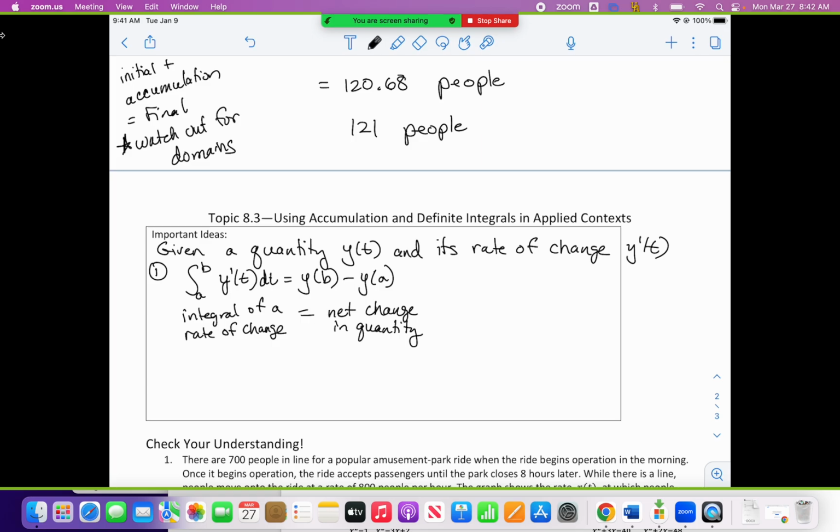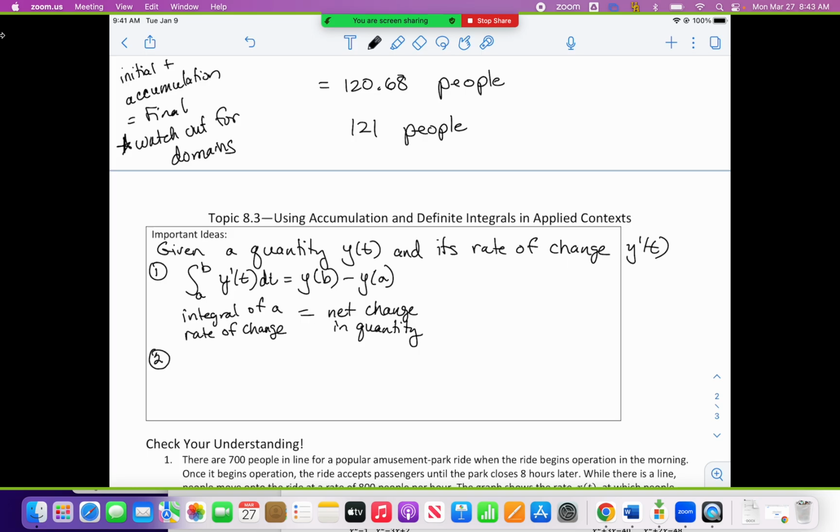And we've seen this multiple times, that's not anything new. So the integral from a to b of y prime of t dt equals the quantity at b minus the quantity at a.